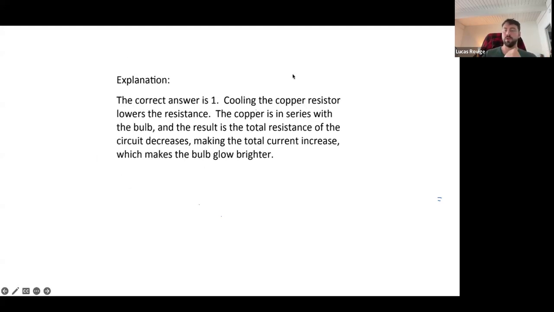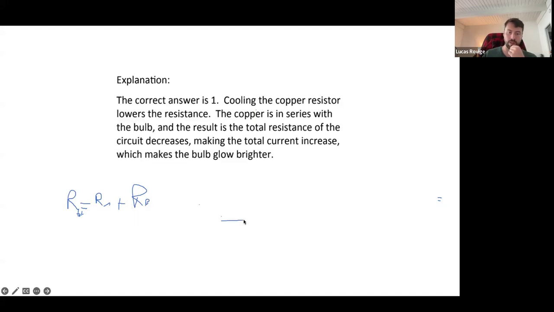Because if we drop the resistance of the resistor, then the other resistor, since they are in series, we can add them, and so we have R1 plus R2. It's the total resistance plus R, let's call it RB for bulb.